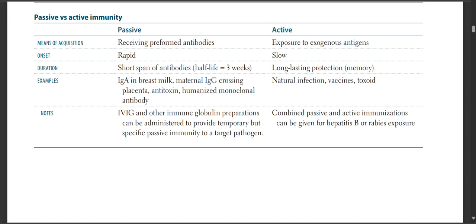Let's say you got bit by a snake, and now your body is trying to produce the antivenom. So that would be active. Or, technically, if you get bit by a snake, you'll probably die. But let's say we take the snake venom, we kill half of the toxicity, and we make it safe. We convert it to a toxoid, and then you take the toxoid.